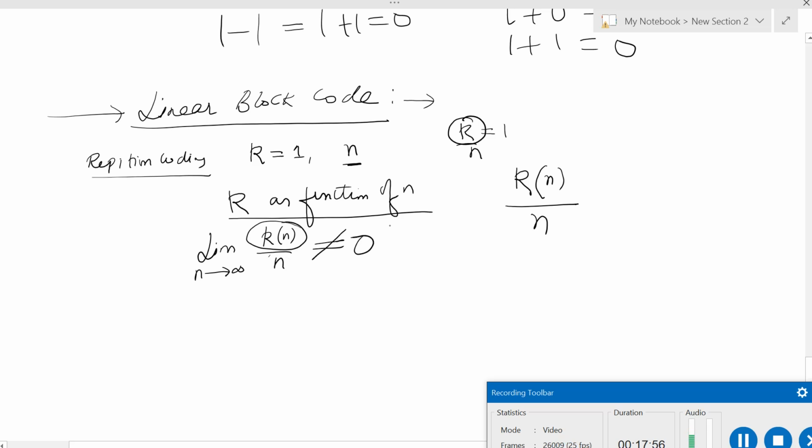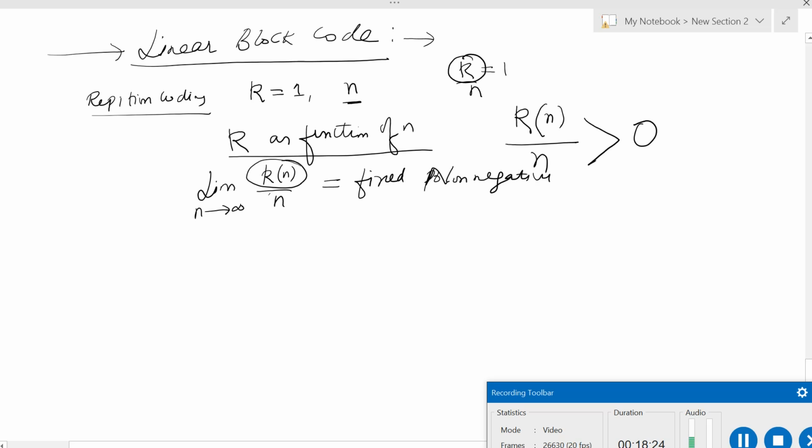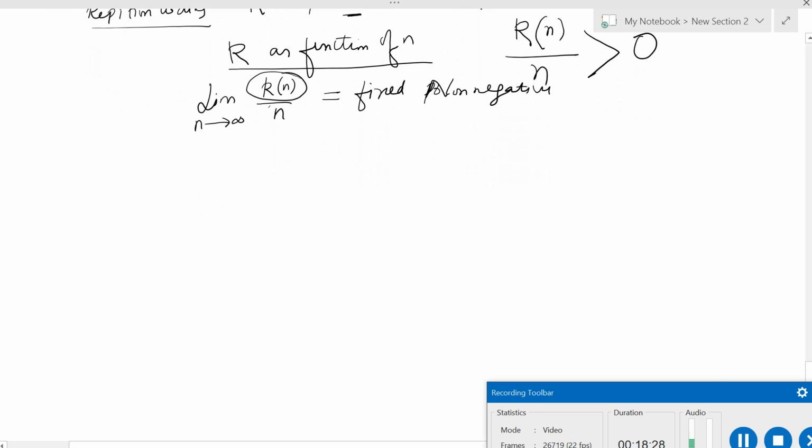We can choose k of n and n mathematically in such a way that the limit as n goes to infinity of the ratio is some fixed number, which can be strictly chosen greater than 0. So we will get a code rate which is non-zero always, and we can take very large n. Just hold on, it will become clear later on.